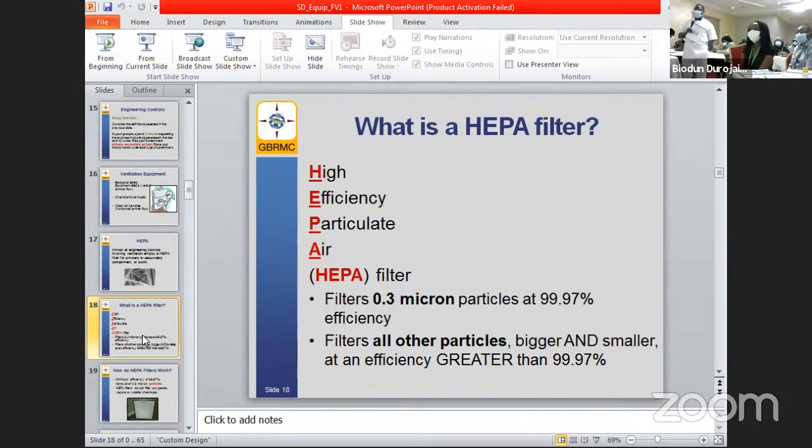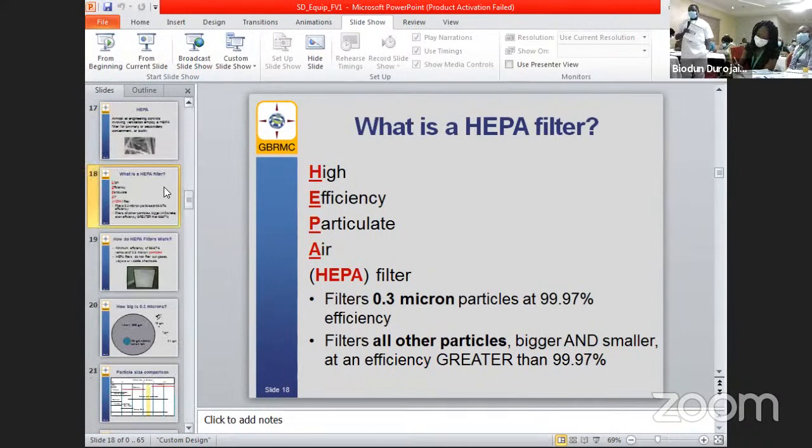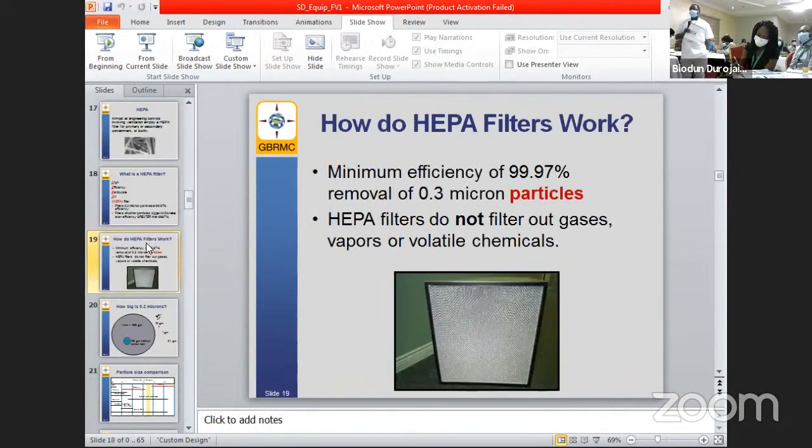Okay, now this is talking about engineering control. We have just mentioned the size of the particulate matter. We need to know that we will not be talking about volatile chemicals.